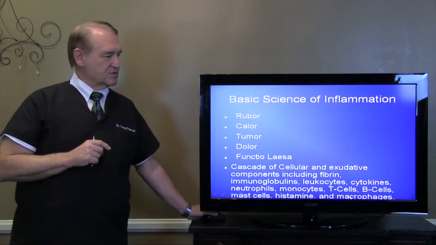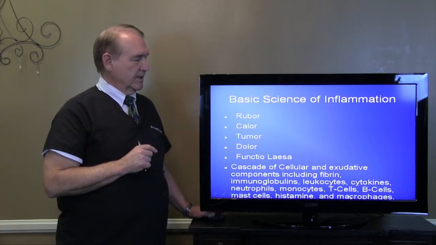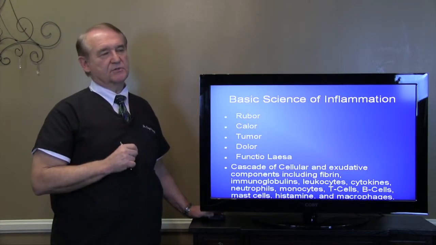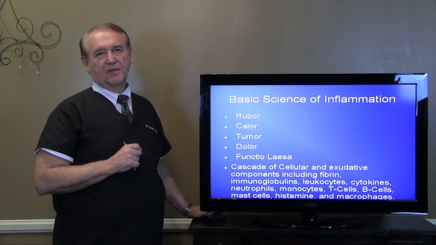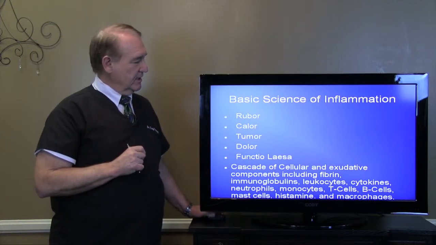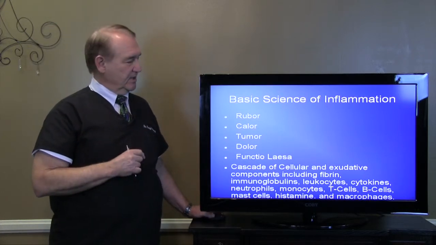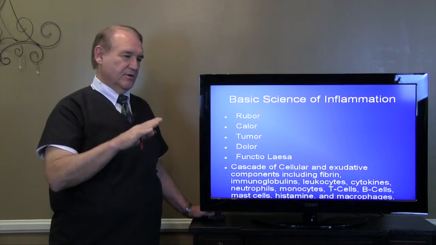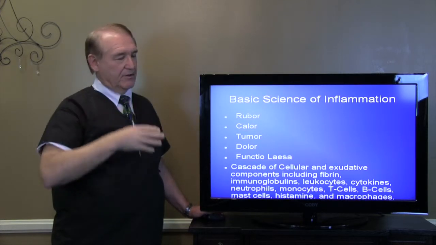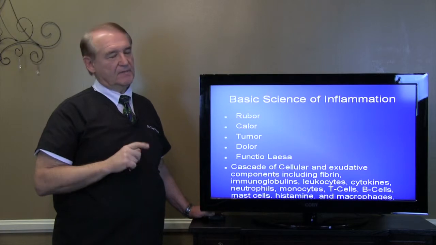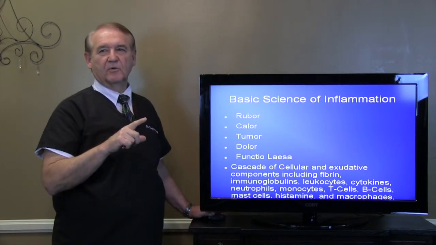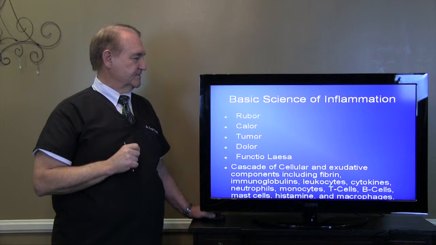A macrophage is a cell that's specifically needed to remove damaged tissue. It's like the Pac-Man within the body. So if you have damaged tissue and inflammation is started, it's going to cascade domino to domino to bring macrophages into the area. And the macrophage, like a Pac-Man, is going to eat away all the bad or damaged tissue.